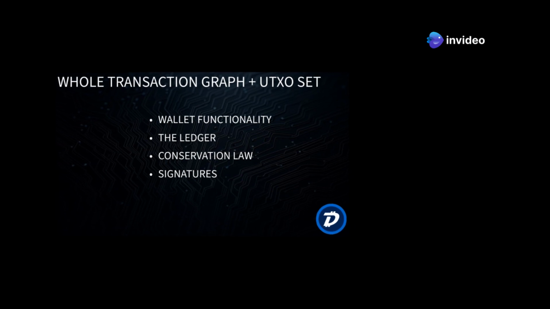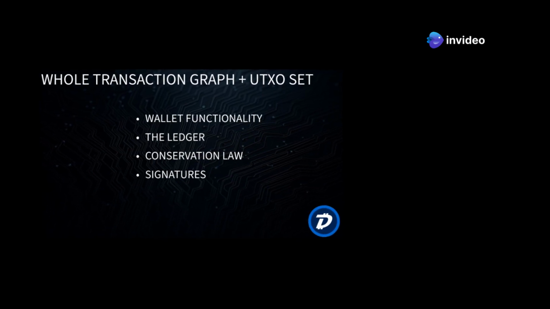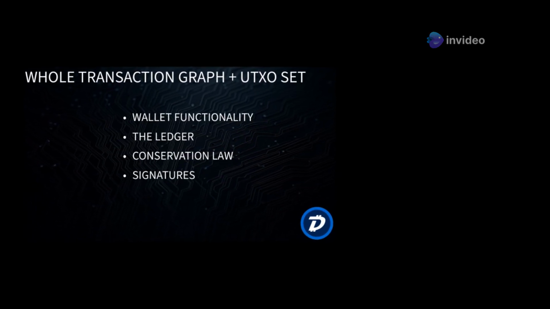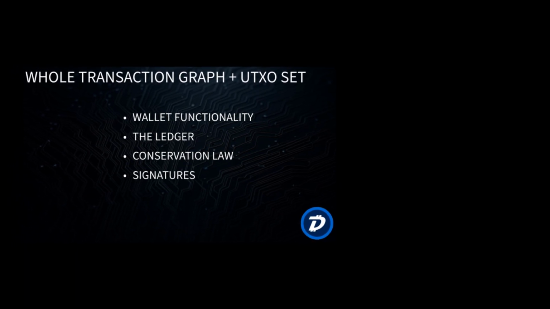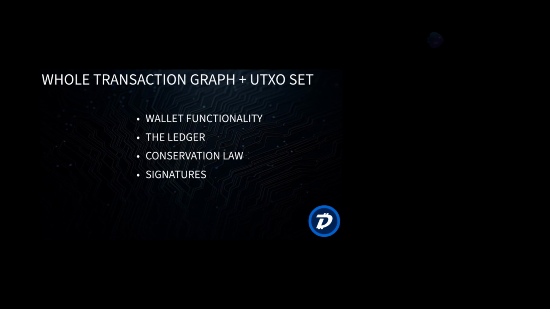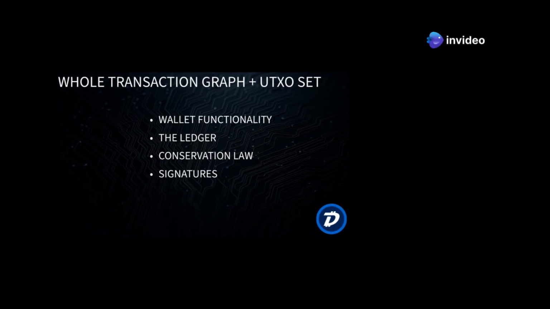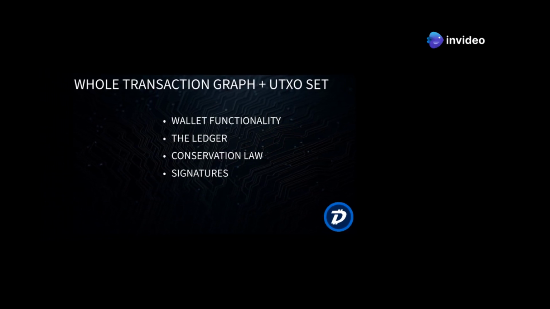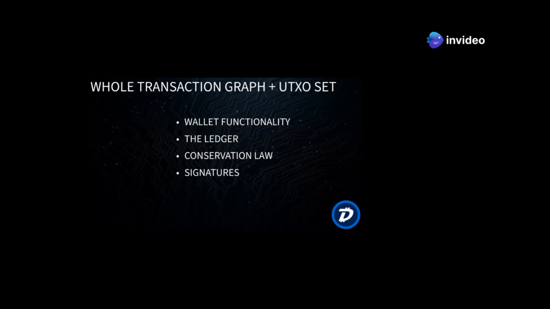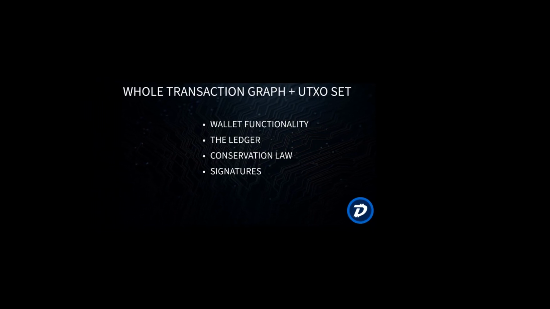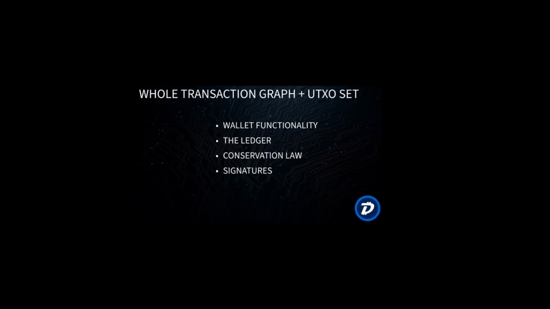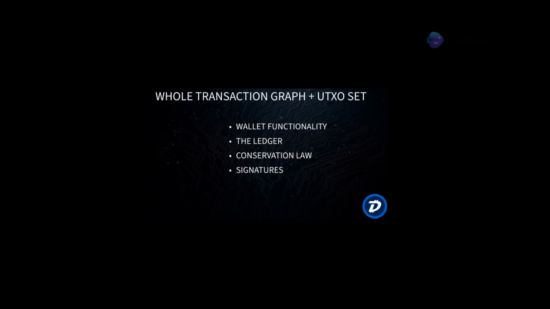The concept of unspent transaction outputs, or UTXOs, is central to DigiByte's operation. Each transaction output can be spent only once, and the set of all unspent outputs, known as the UTXO set, is maintained by the network. This set is used to verify the validity of new transactions by ensuring that the inputs have not already been spent. These mechanisms are crucial for maintaining the integrity and security of the DigiByte network.